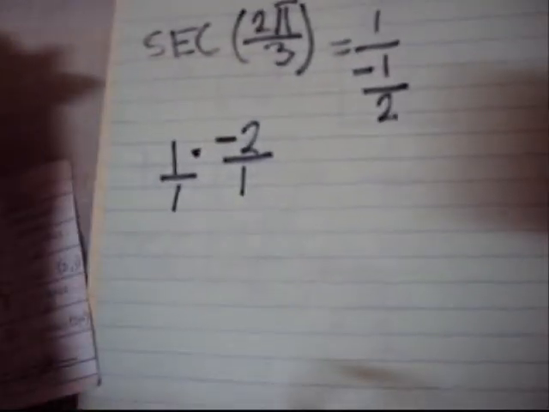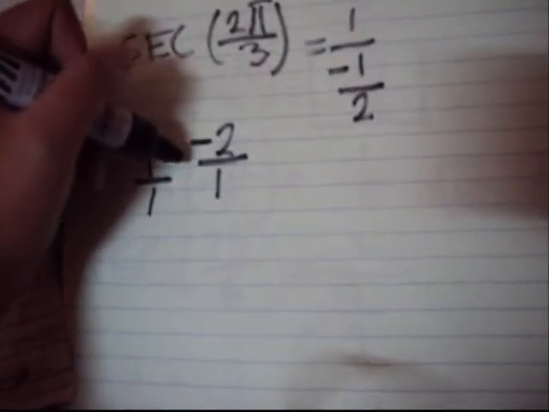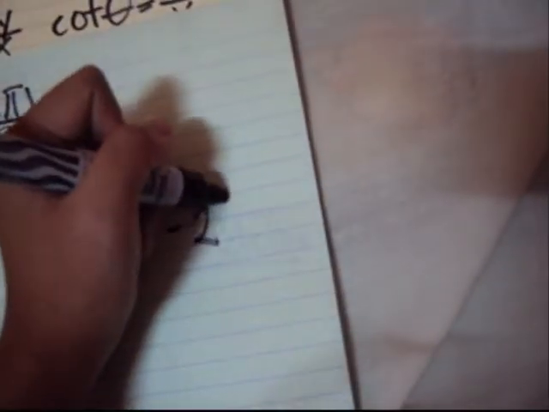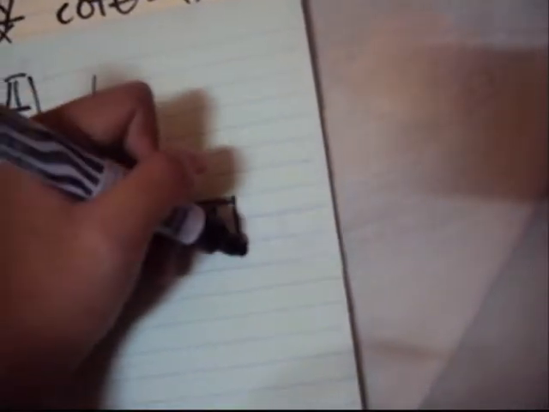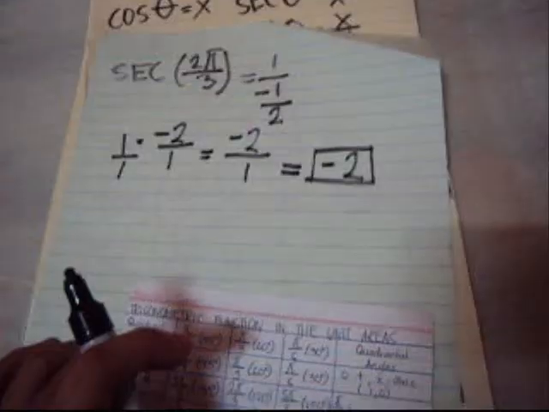We're going to cross multiply. Negative 2 times 1 is negative 2. 1 times 1 is 1. And negative 2 divided by 1 is negative 2. So negative 2 is our final answer.